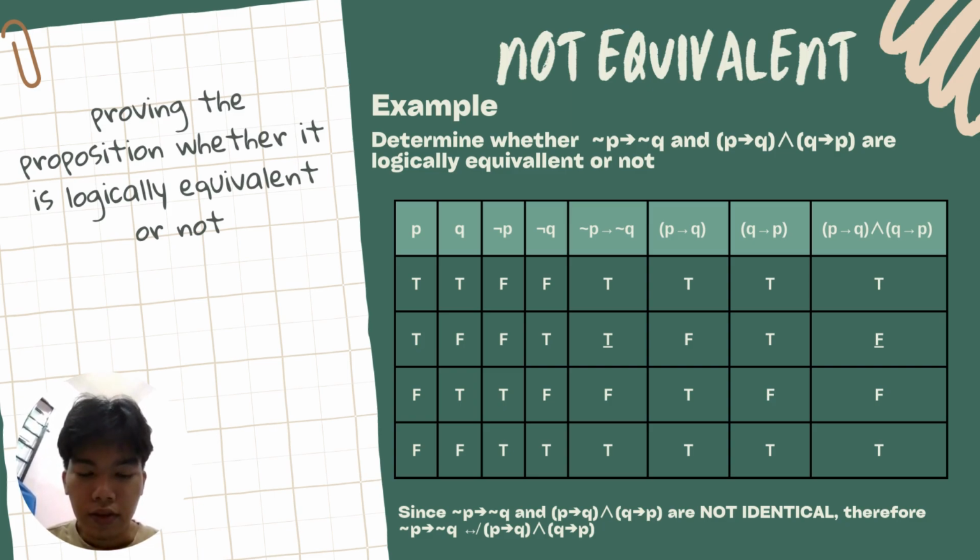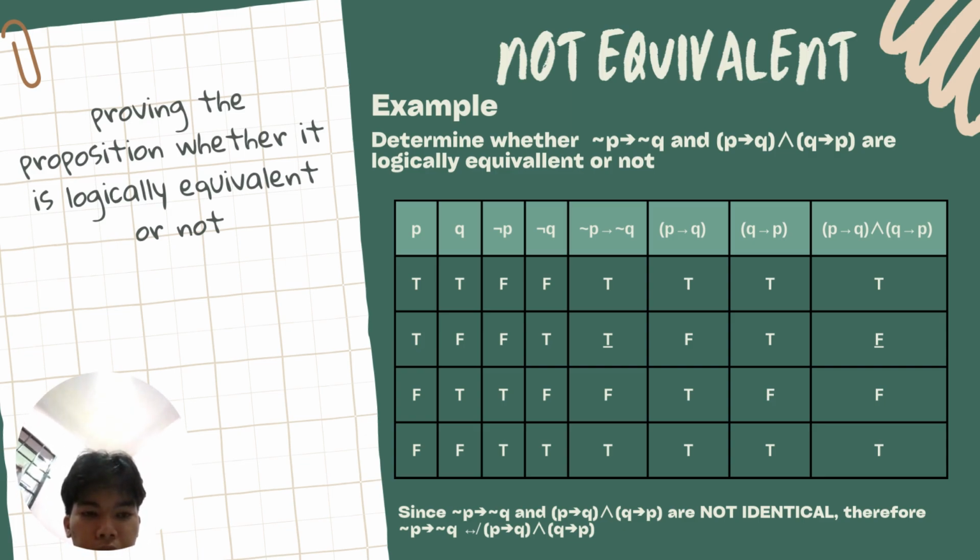Since the truth table columns for "if not P then not Q" and "if P then Q and if Q then P" are not identical, we can conclude that "if not P then not Q" is not logically equivalent to "if P then Q and if Q then P".